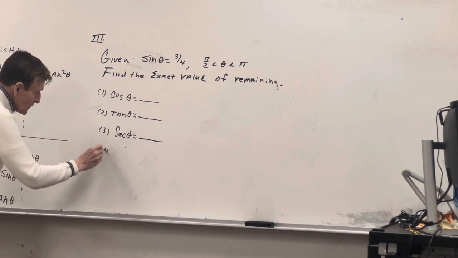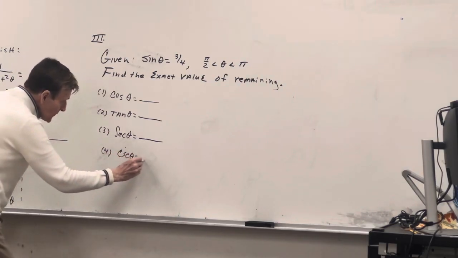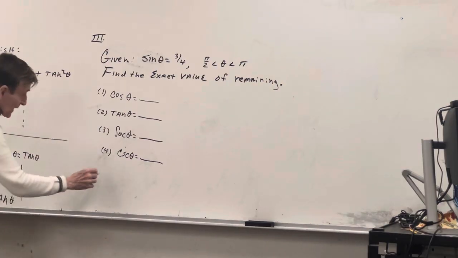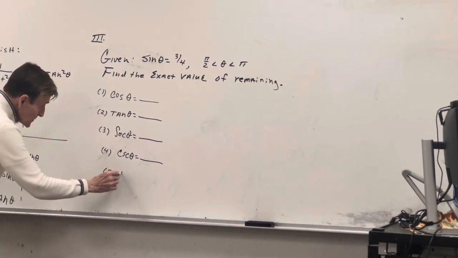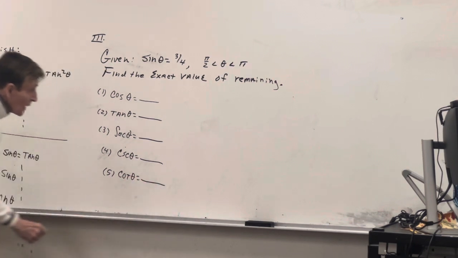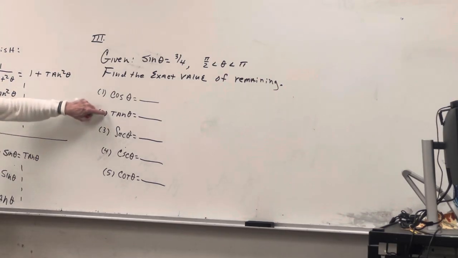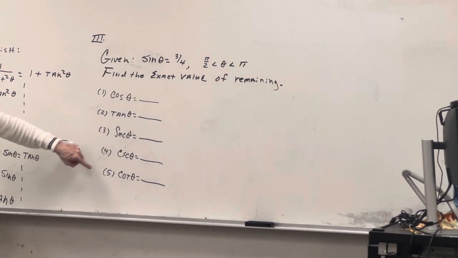Cosecant is missing. Cotangent, I guess, the last one here, is missing. One, two, three, four, five. Cosine, tangent, secant, cosecant, cotangent are the missing ones.